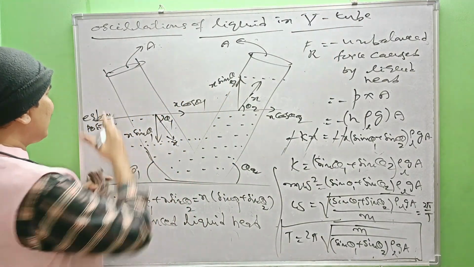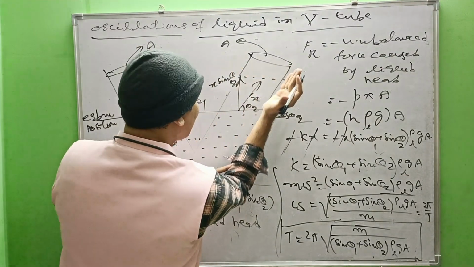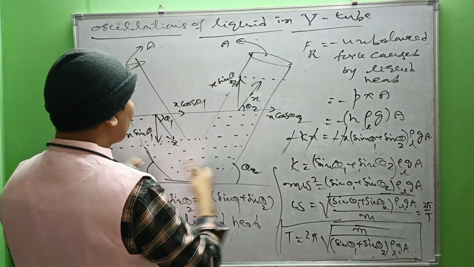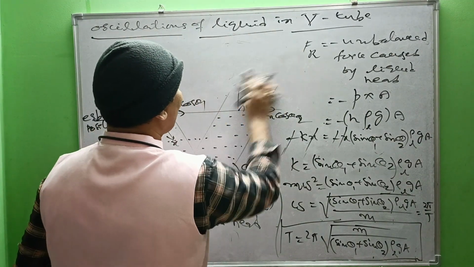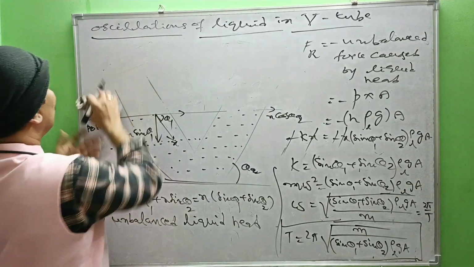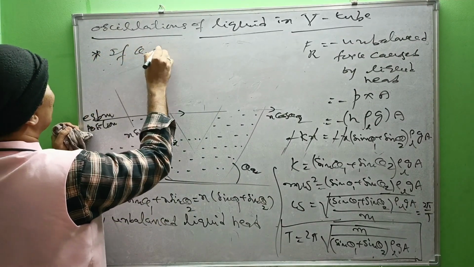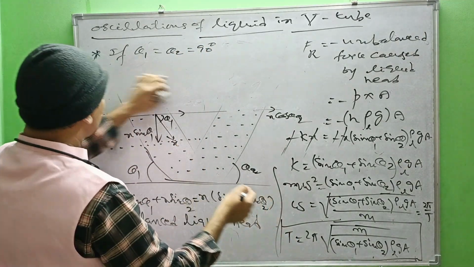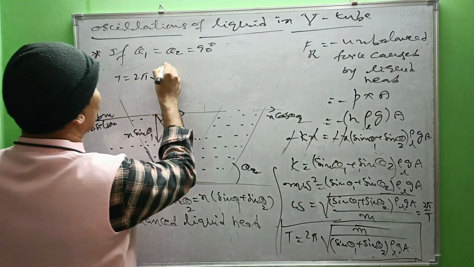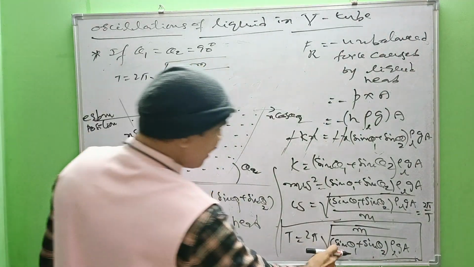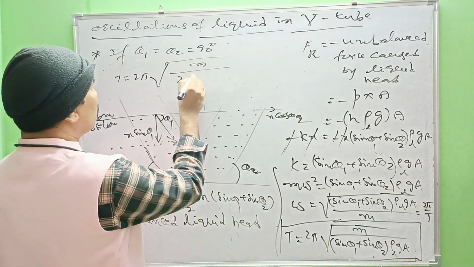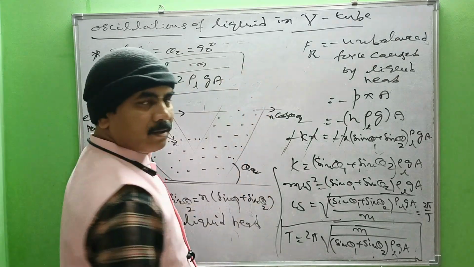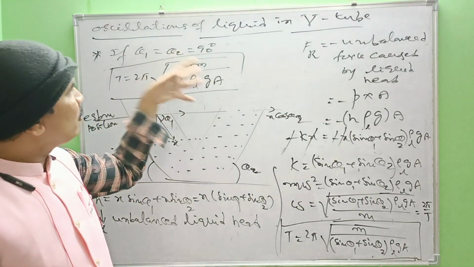Okay, so theta 1 is 90, this goes like this. Theta 2 is 90, this goes like this, so the V-shaped device becomes a U-shaped device. So if theta 1 equals theta 2 equals 90 degrees, then that equation becomes T equals 2 pi into root over M by (sin 90 plus sin 90, that is 1 plus 1, 2) rho L G A. So this is the period of oscillation of liquid inside a U-shaped tube.